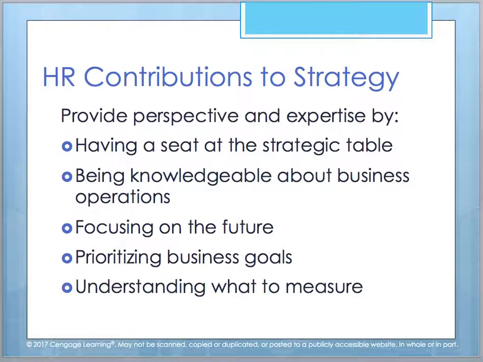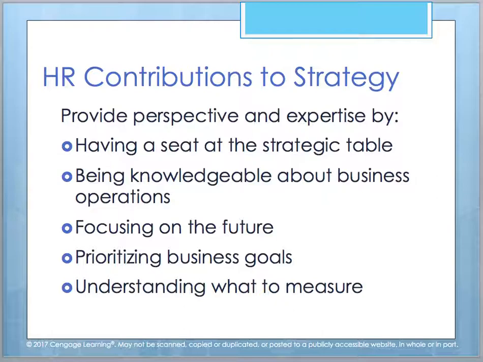Some other things is to look at how you can provide your own perspective and expertise by making sure that you have a seat at that table, sitting with the senior leaders that make those decisions, where you're knowledgeable about the operations of that organization and you have a future focus, understanding what's presently taking place, but understanding where the organization wants to go. Because remember, you must align to where the mission is. And so you have to be able to combine the mission of why we're here with the vision of where we want to be.